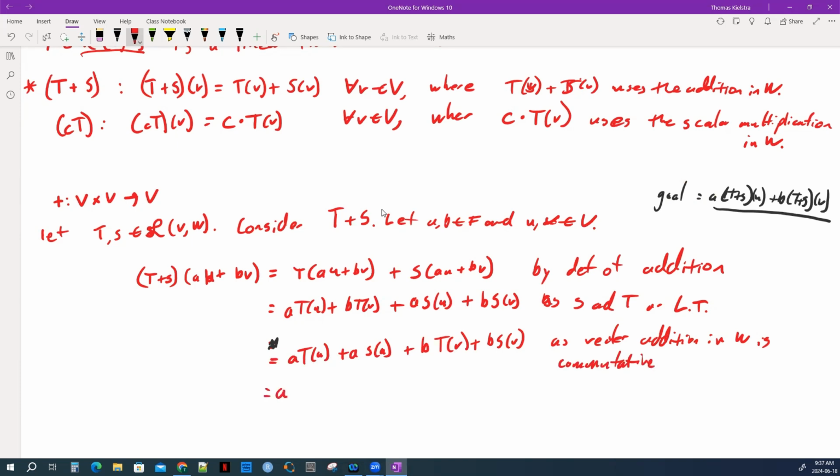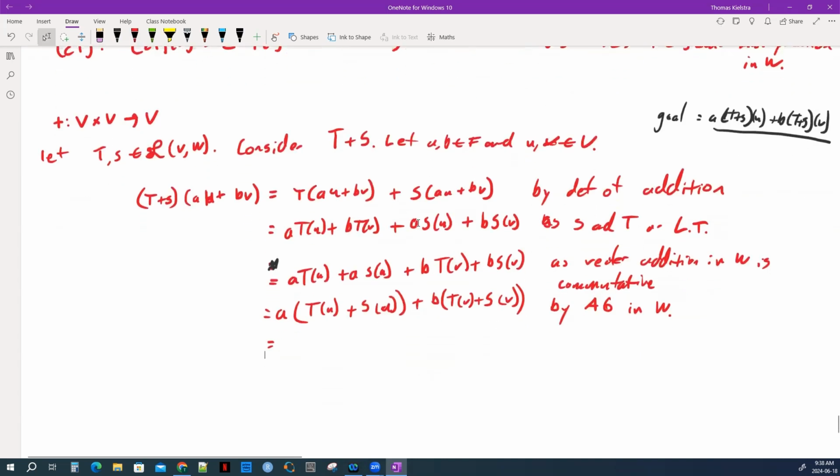Now this equals a (T of u plus S of u) plus b (T of v plus S of v) by, I think this is A6 in W. So it's the sixth axiom in W. Don't quote me on that. I would definitely look up and recall exactly what axiom allows me to do that.